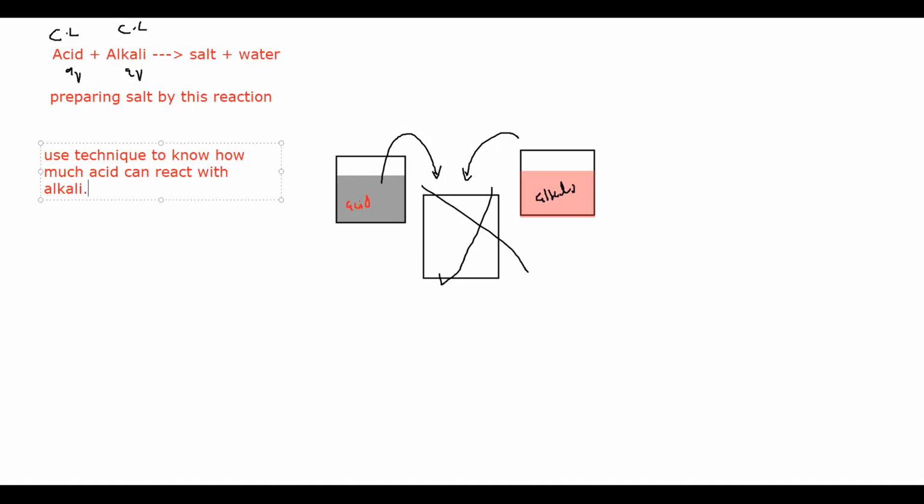This technique is known as titration. The technique we use to identify how much acid reacted with an alkali, or how much alkali will react with acid, is known as titration. So how do we carry out this titration? Practically, how is titration done?